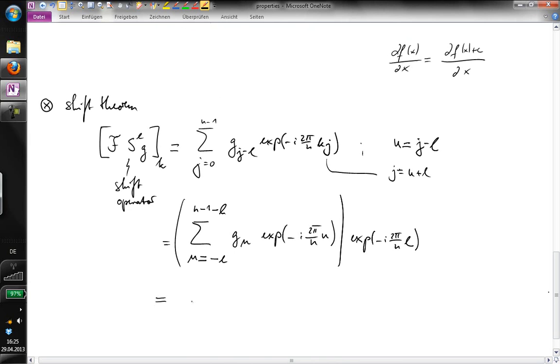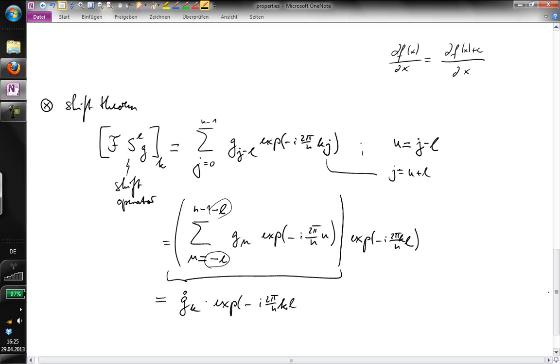First part is again the Fourier transform. My summation here does not go from 0 up to n minus 1, but since it's periodic, it does not matter where I start and end with my summation. So it's okay to start here at minus L and go up to n minus 1 minus L. So this is G transform at frequency k times e to the minus i 2 pi over n kL.